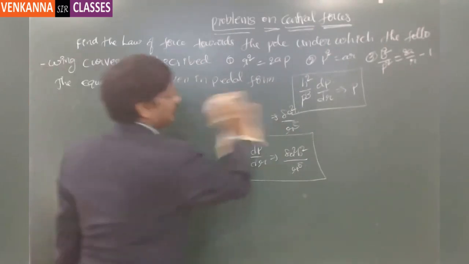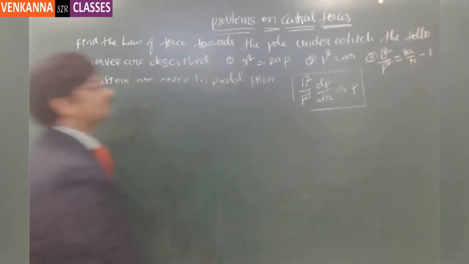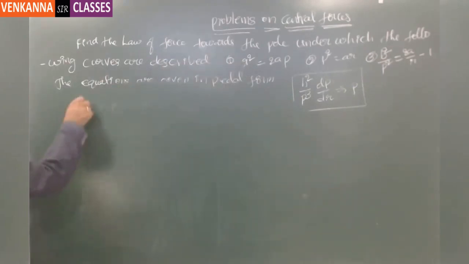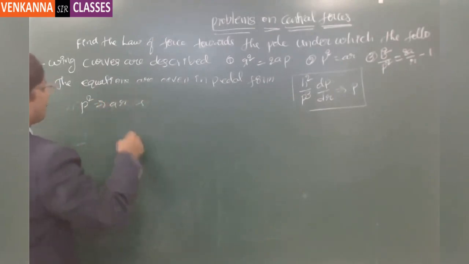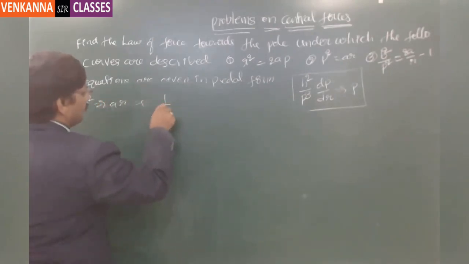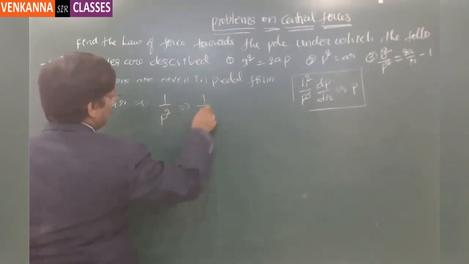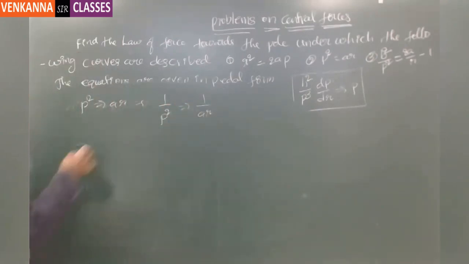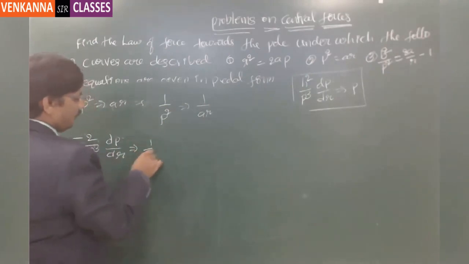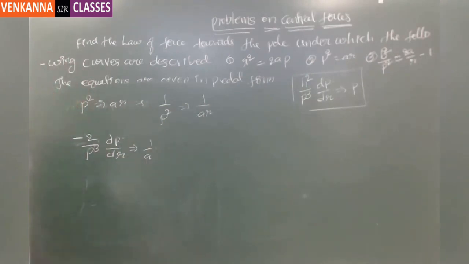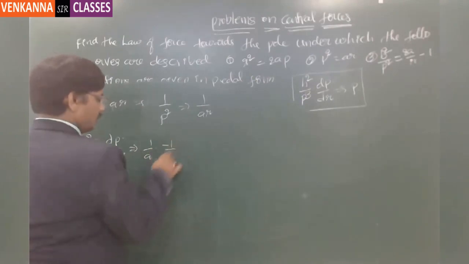So the second one, p square equal to ar. Then 1 by p square you can take as 1 by ar, and if you take the derivative of this, minus 2 by p cube into dp by dr is equal to 1 by a into, the derivative of 1 by r is minus 1 by r square.